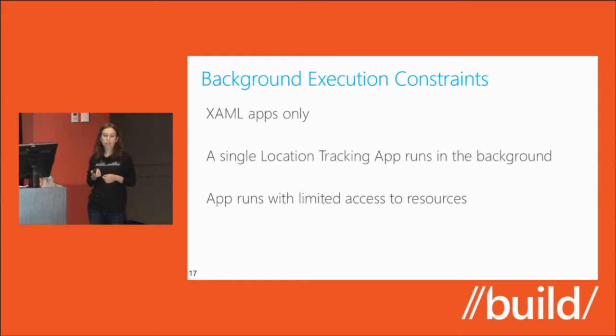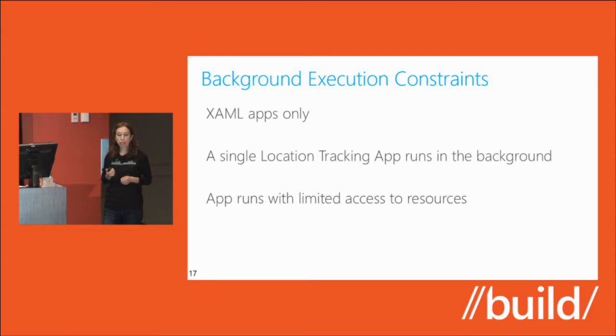The other constraint is that we can allow a single location tracking app running in the background, and that is because there is only so much you can run in the background without impacting the foreground experience. When you have an app running in the background and yet another app makes the transition from the foreground to the background, the initial app is going to be deactivated.